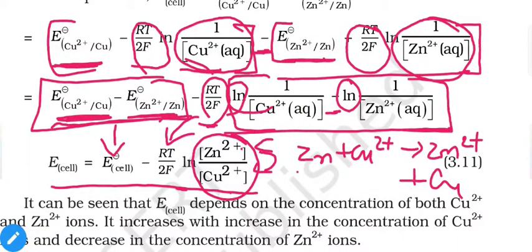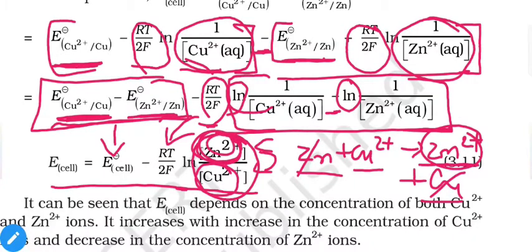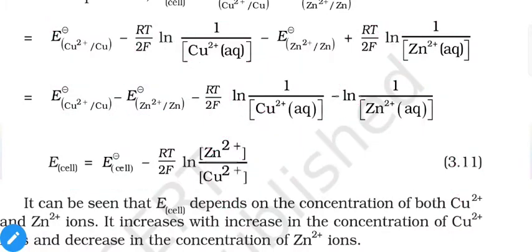So we can ignore the concentration of metals because they are unity. Our main reactant will be Cu2+ and our main product will be Zn2+. So product upon reactant, that means the concentration of Zn2+ and the concentration of Cu2+ as mentioned here. So this is the Nernst equation for the full cell reaction in non-standard condition.